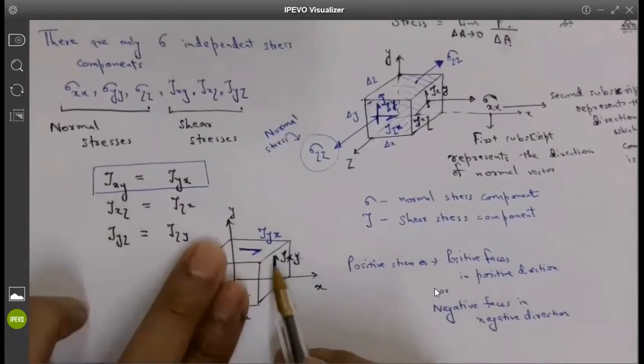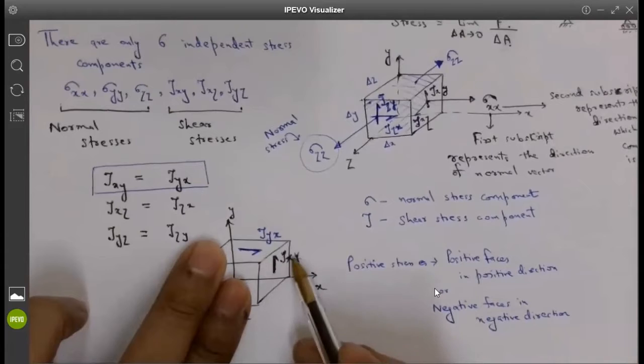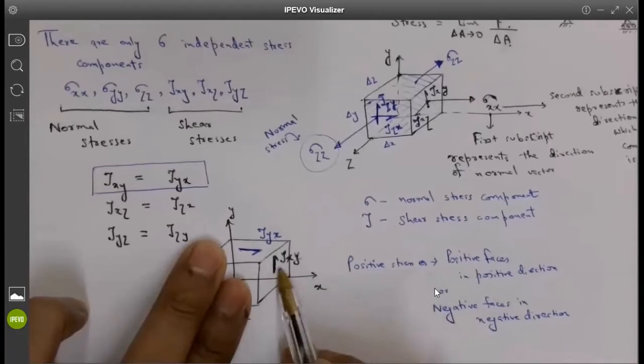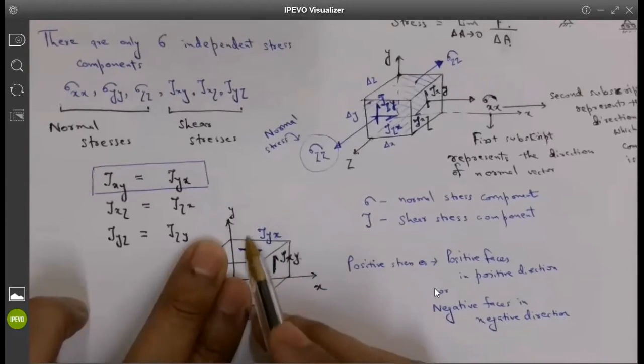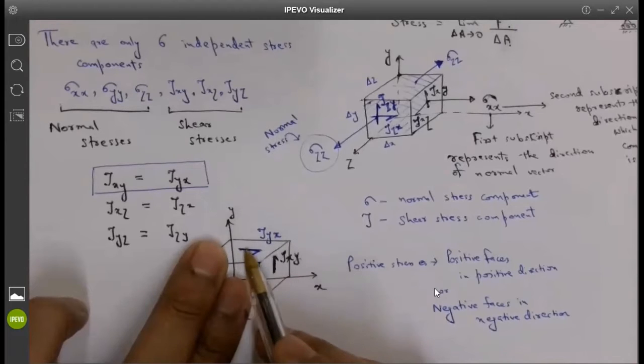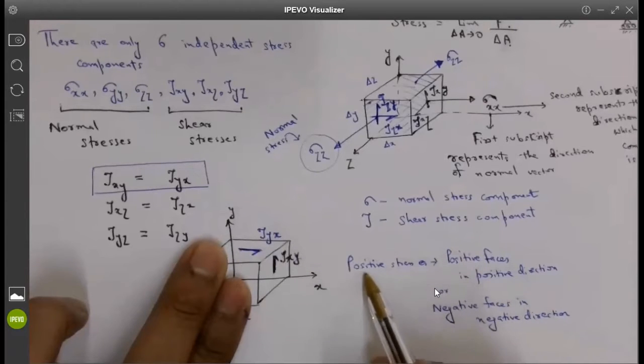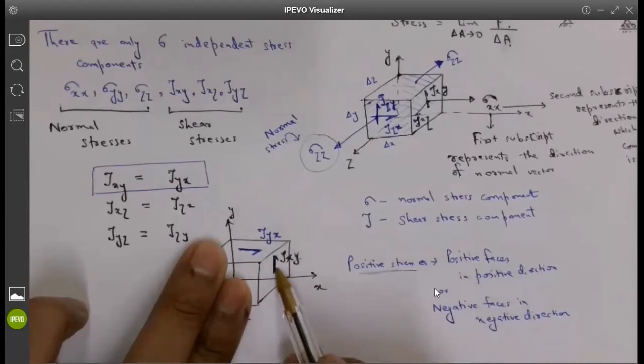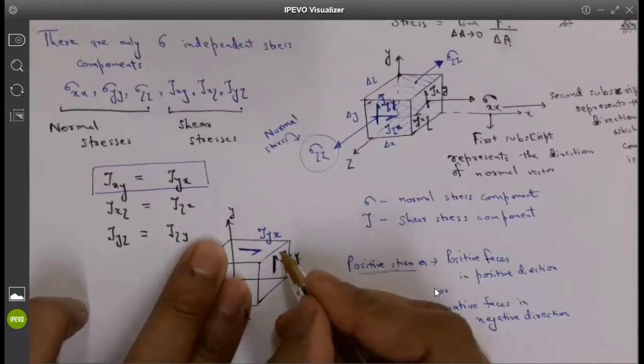So this face is a positive face. Why am I calling it a positive face? A face is called positive when it has a normal in the positive direction. This face has a normal in the positive x direction, so it is a positive face. This face has a normal in the positive y direction. It is a positive face. So positive face, positive direction means positive stress component. Similarly, this is positive face, positive direction. So tau xy will be a positive shear stress.